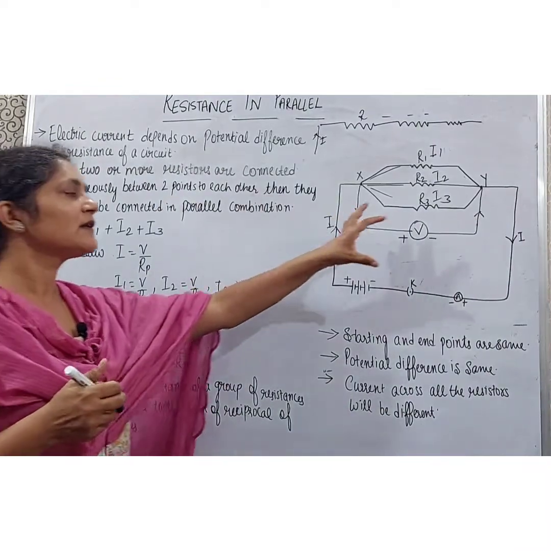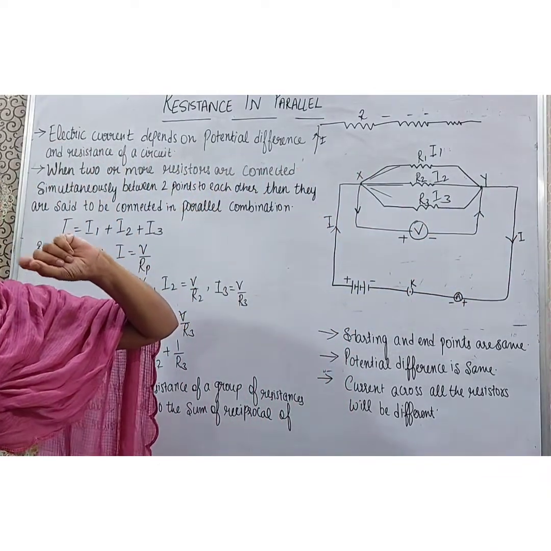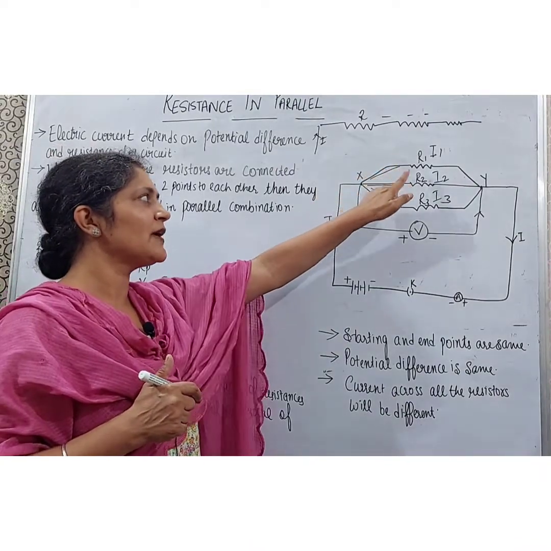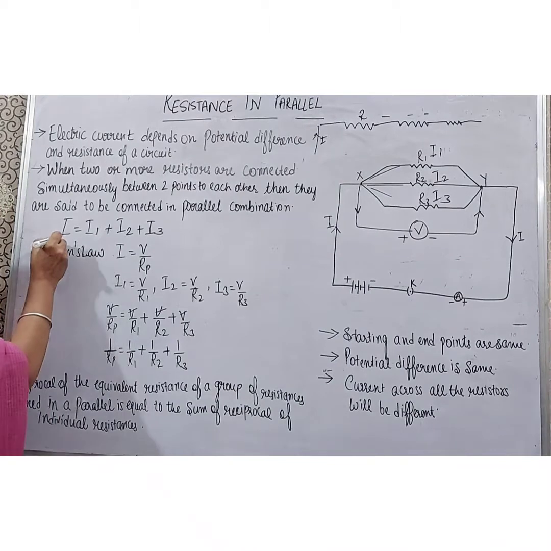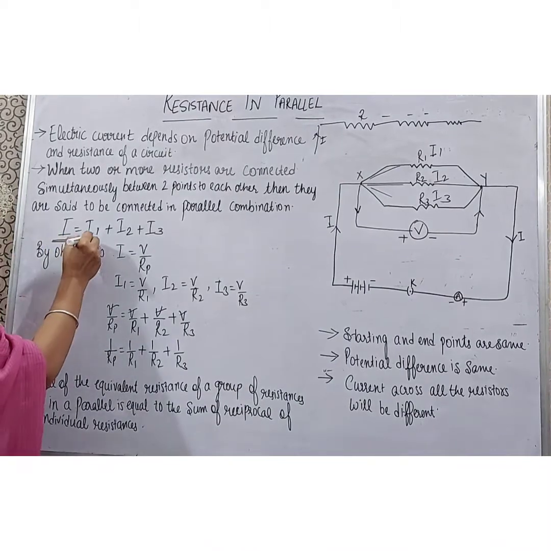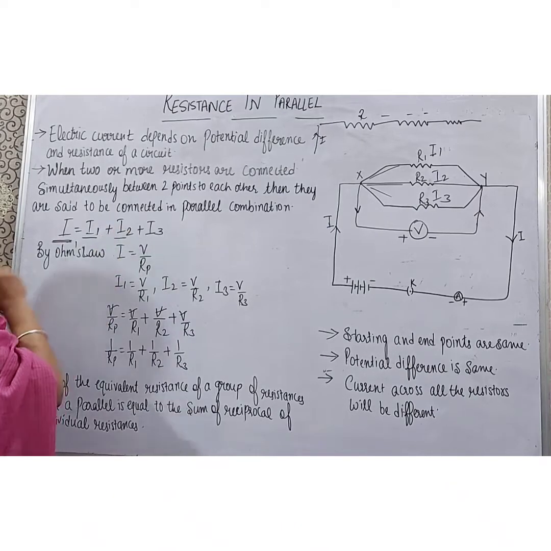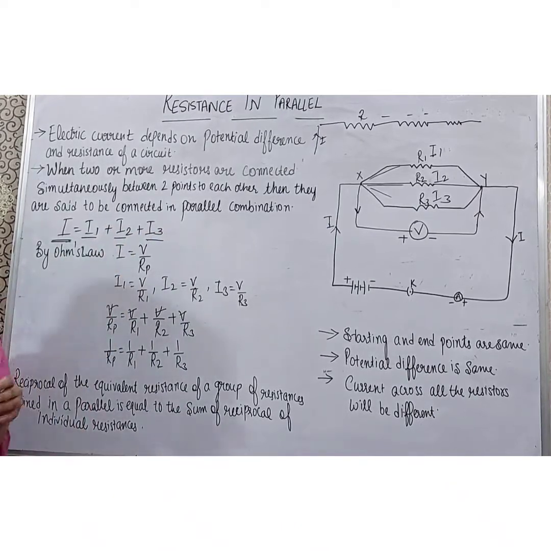Now the total electric current will remain the same. It will be the sum of the electric currents in resistors 1, 2 and 3. Like this, the total electric current is equal to the current in the first resistor plus the current in the second resistor plus the current in the third resistor.